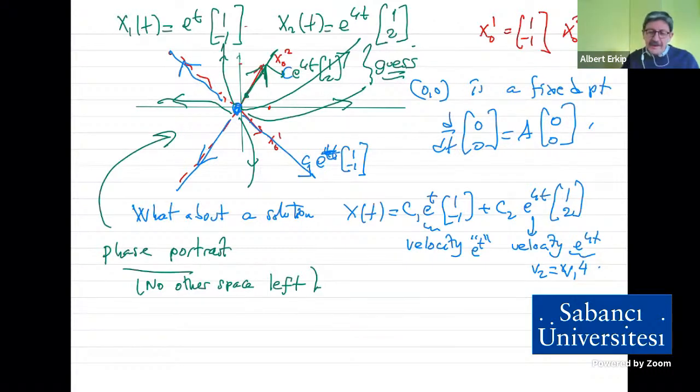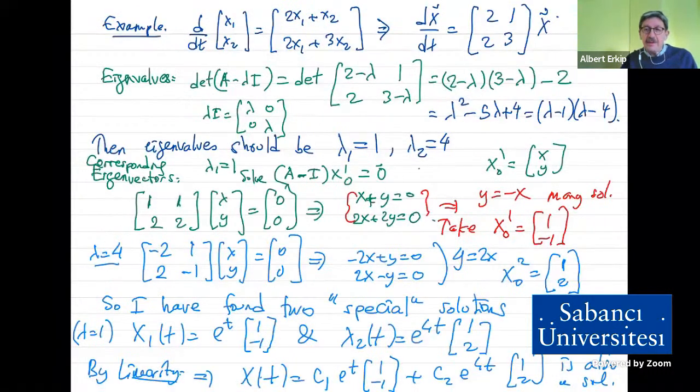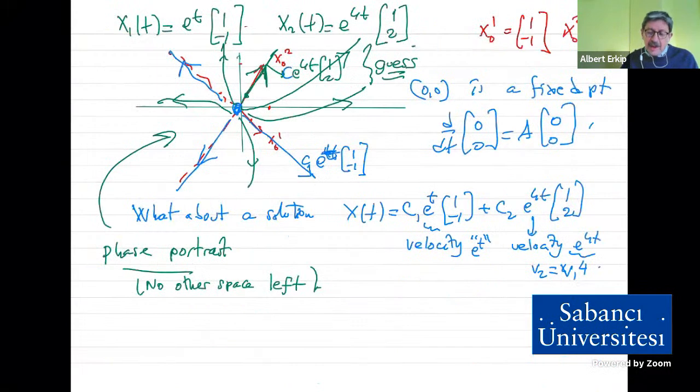Now, let me remind you what I did here. I found the eigenvectors and eigenvalues. I was lucky to find two. I computed all of that, and I got these two main directions, the green ones, and of course the opposite directions if you go backwards.